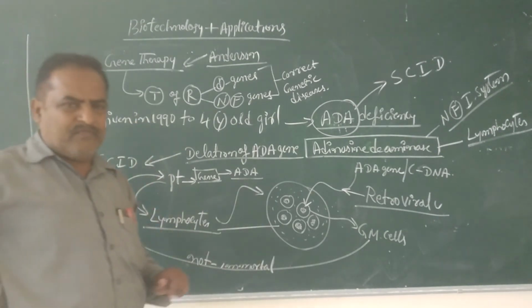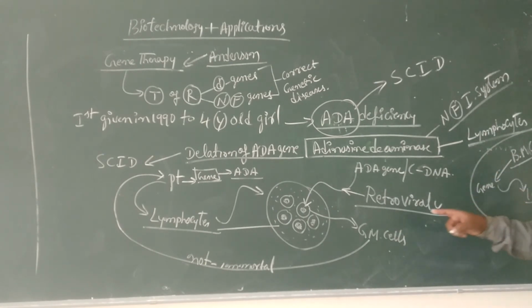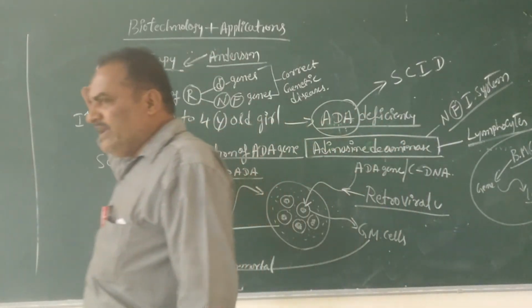For a permanent cure in gene therapy, the ADA gene is extracted from bone marrow cells, and such genes are introduced into the lymphocytes, at early embryonic stages, so it is a process of permanent growth. Otherwise, this is a repeated treatment in the case of gene therapy.